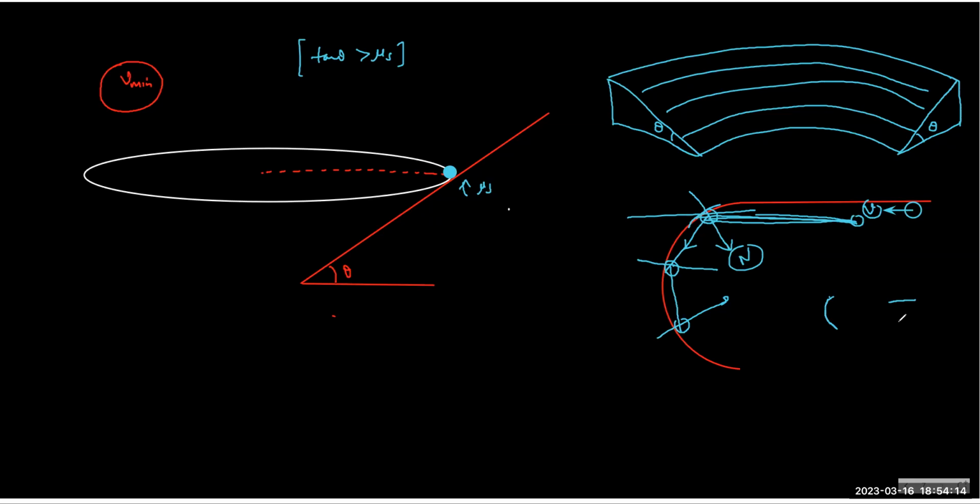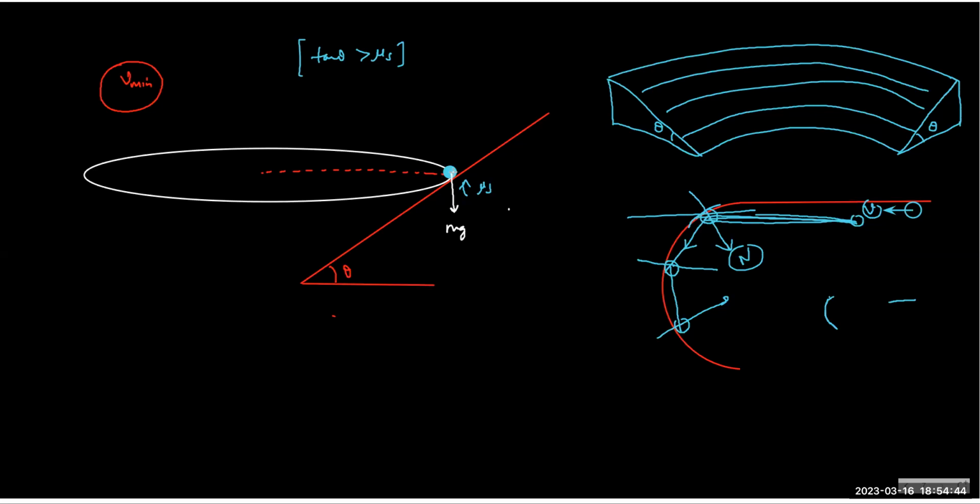Do you realize this? Your velocity affects the normal reaction. Okay, so minimum V means what? I just need to increase the normal good enough to balance me, isn't it? And when that is the situation, the forces acting on the object will be gravity like this.